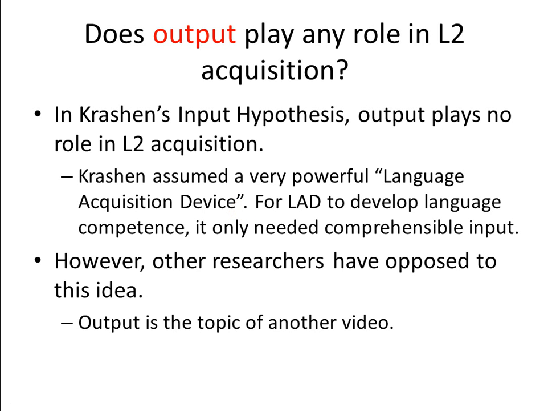Our brains have this device, the language acquisition device, and because we have it, we can learn language, both first language and a second language. And according to Krashen, for the language acquisition device to develop language competence in our mind, it only needs comprehensible input, and that's it. So it doesn't need output.